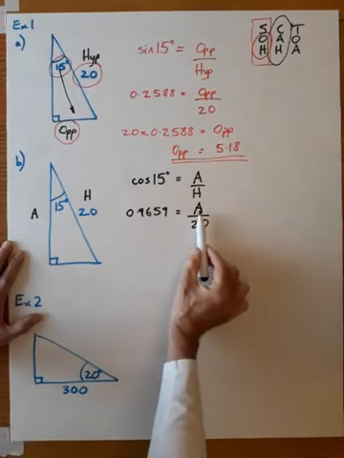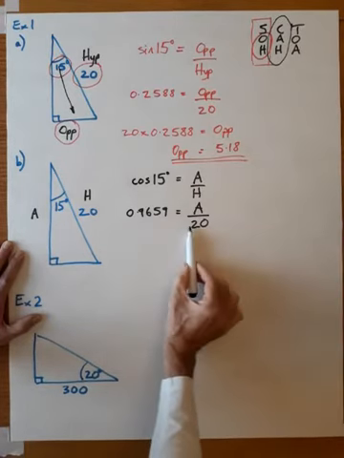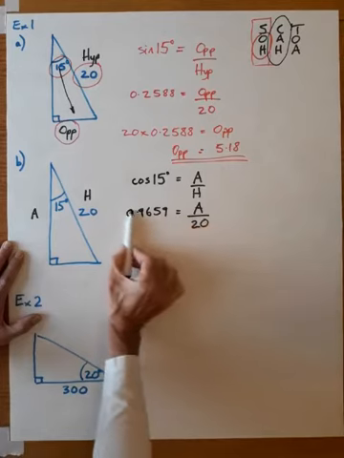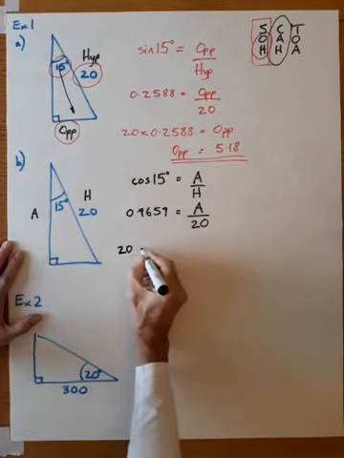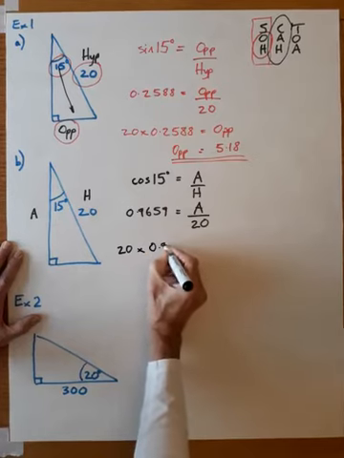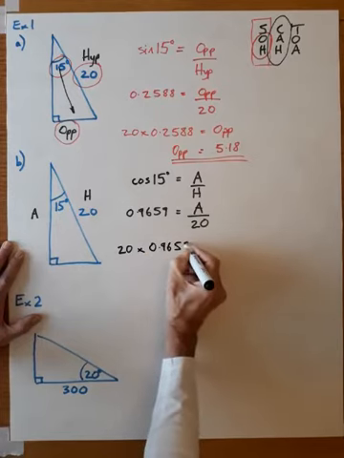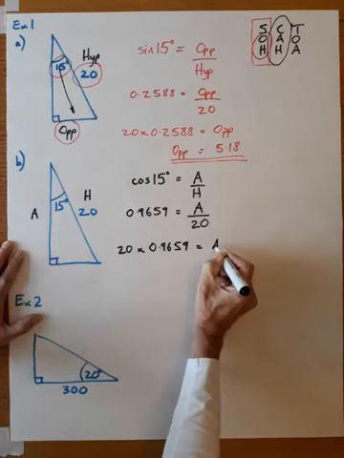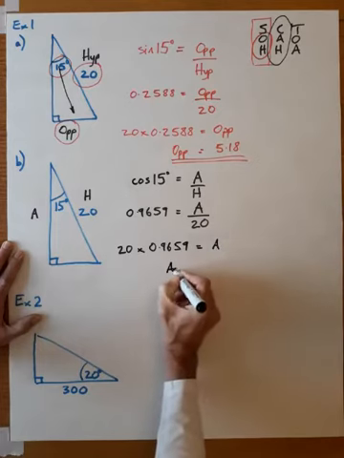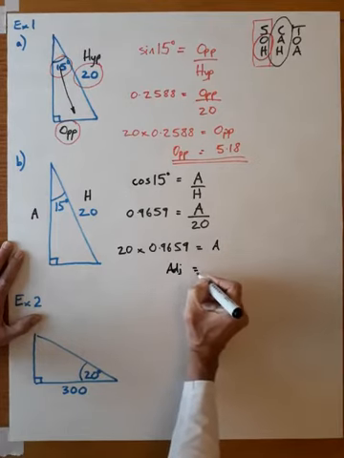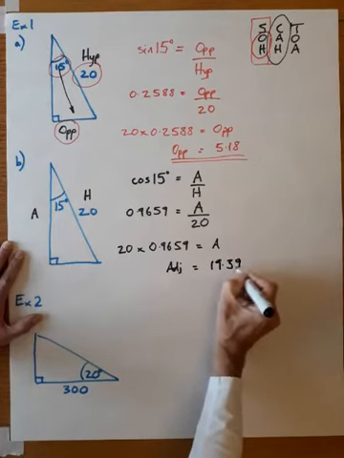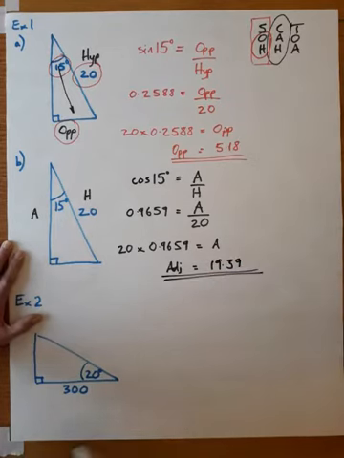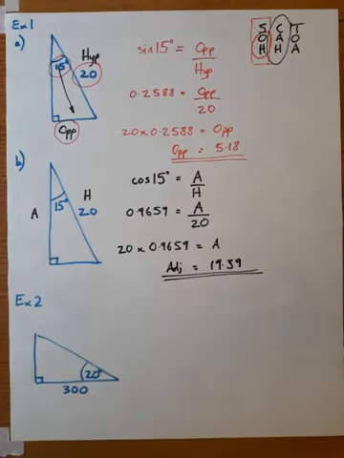So once again, to find A, we're going to transpose this and bring the 20 up to here to multiply. 20 times 0.9659 equals the adjacent. So our adjacent side is 19.39. Done.